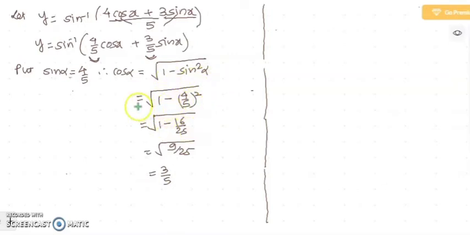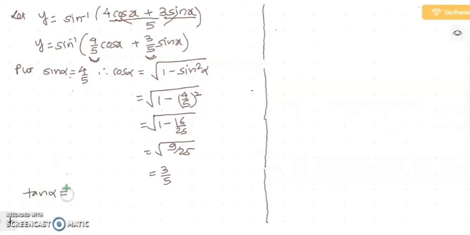See this? If you take 4 by 5 as cos alpha, 3 by 5 comes out as sin alpha. If you put 4 by 5 as sin alpha, then 3 by 5 will be cos alpha. So vice versa, these two can be found one from the other. After finding these two, you can find tan alpha from them.